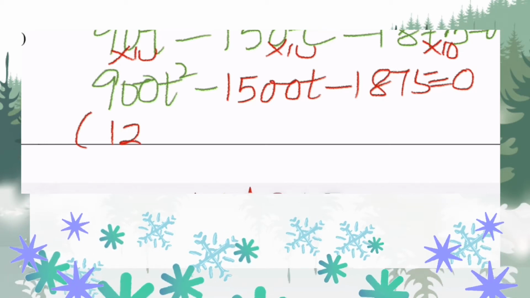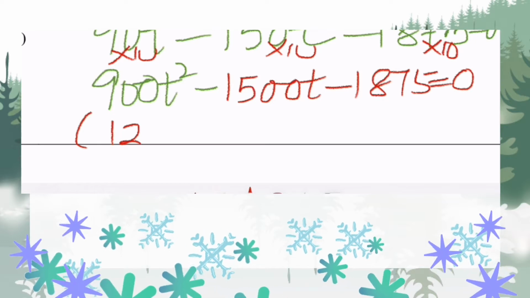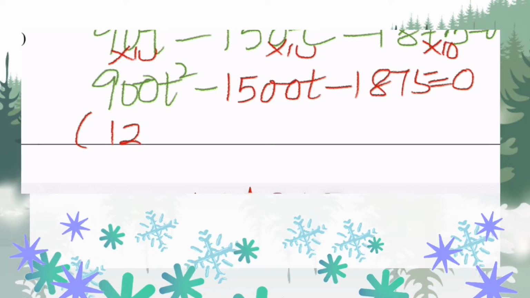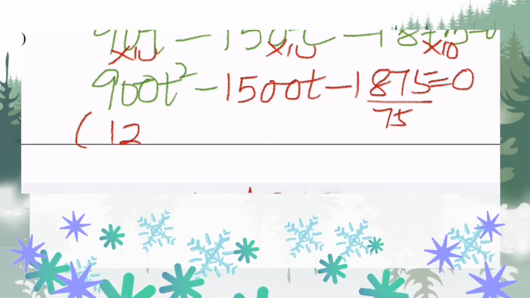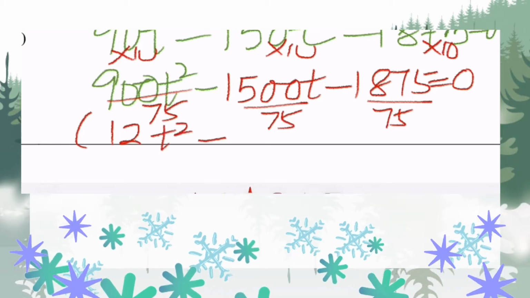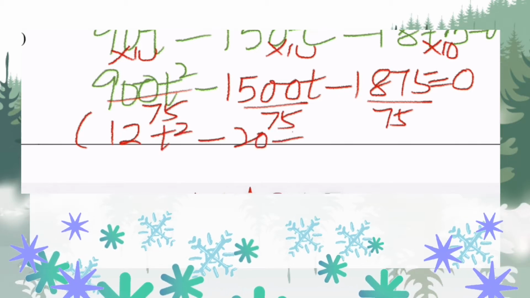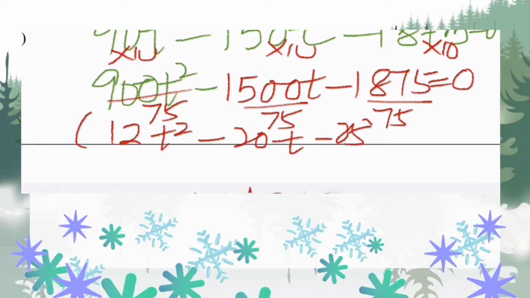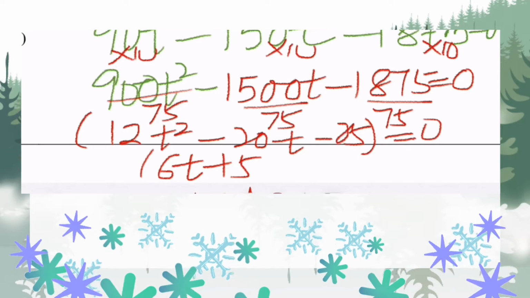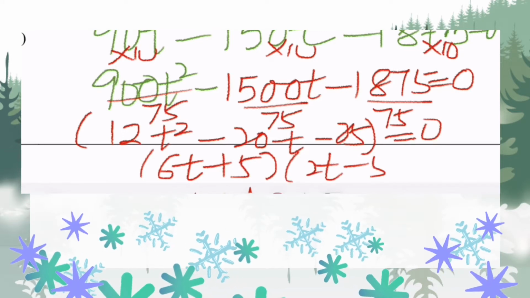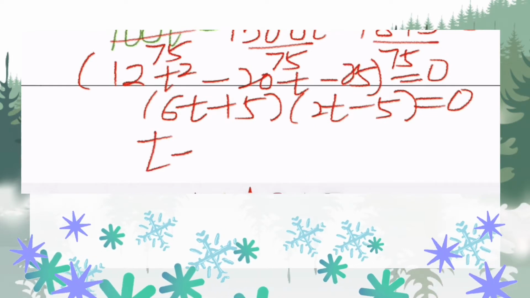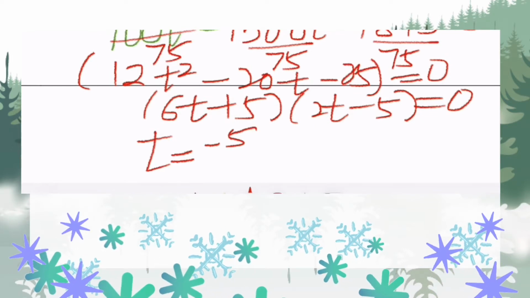So dividing by 75, you have 12t squared minus 20t. You can use a calculator and get the simplest quadratic equation in general form: 12t squared minus 20t minus 25 equal to 0. If I factorize the quadratic equation, I will get 6t plus 5 times 2t minus 5 equal to 0.